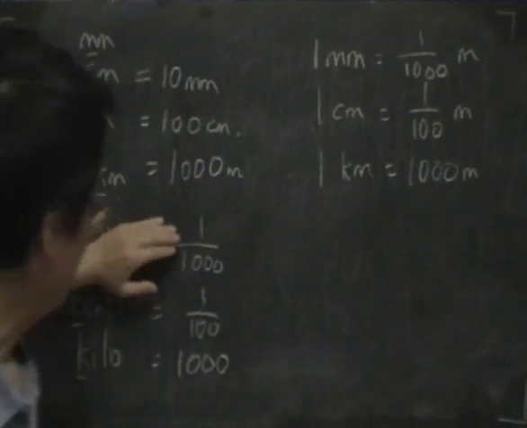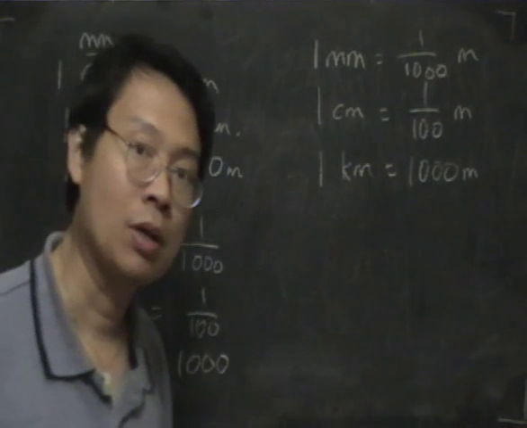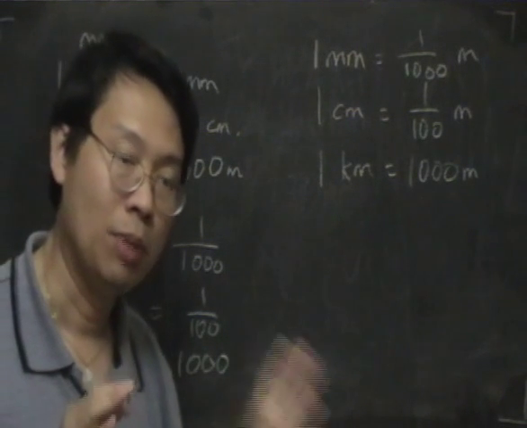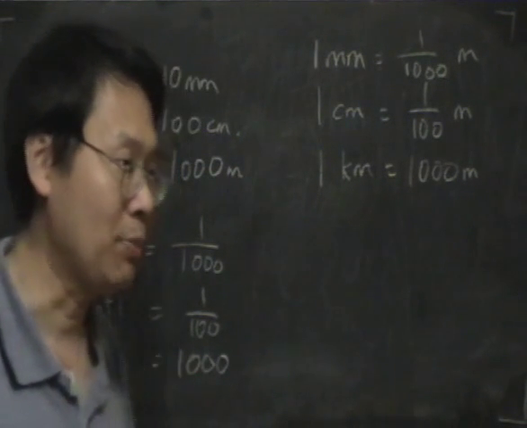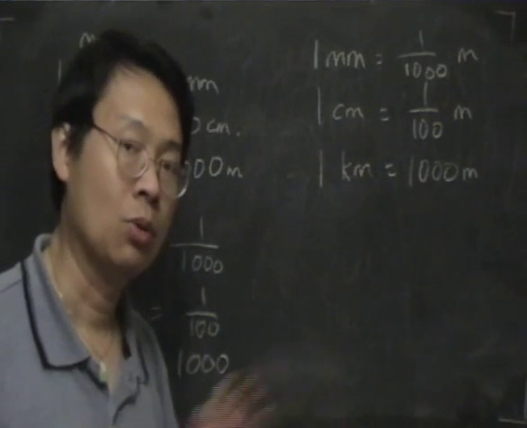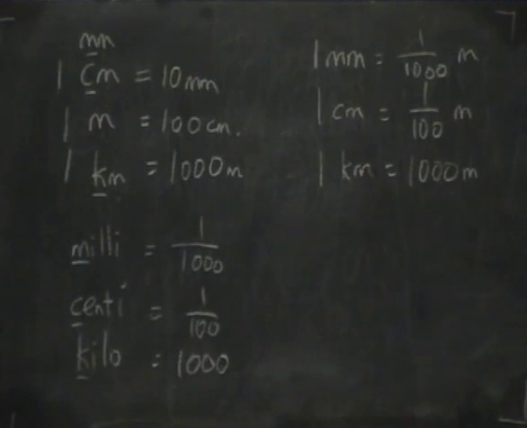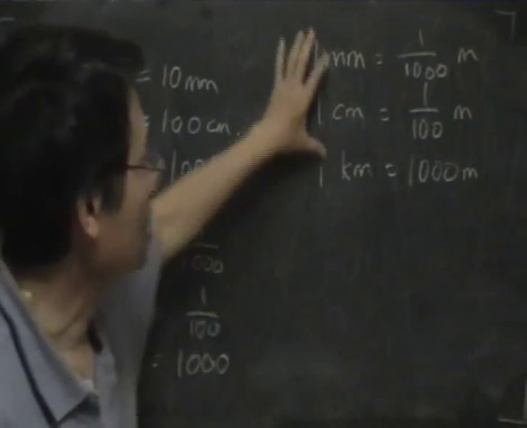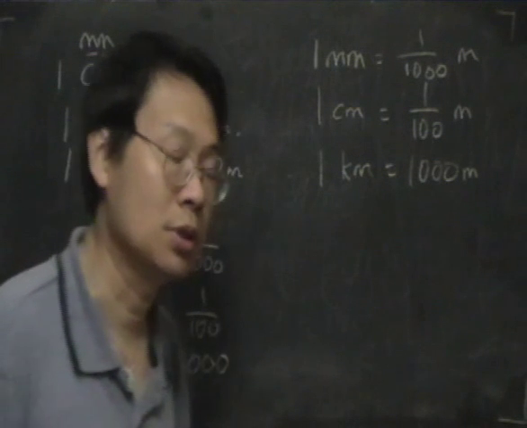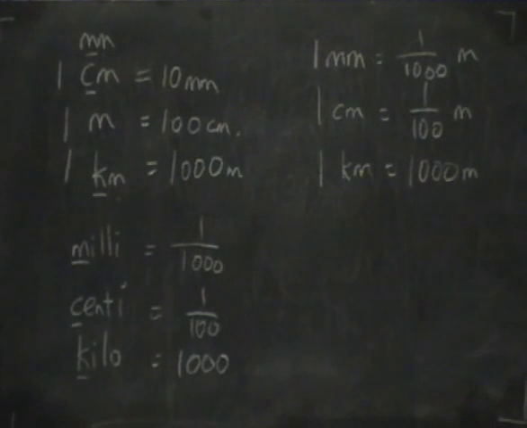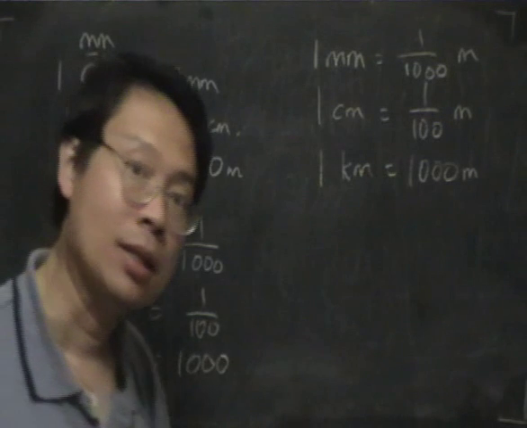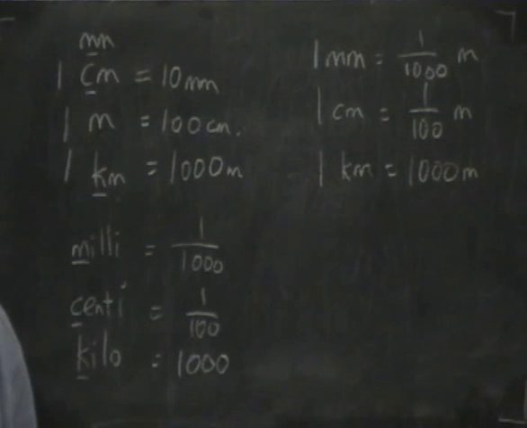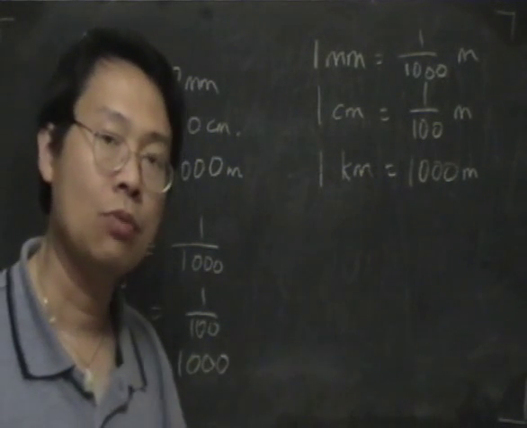Like milligram means 1 over 1000 of a gram, kilogram means 1000 grams. So it's really useful because these letters get repeated in many different types of units. Okay, now let's make use of this knowledge to practice some conversion.